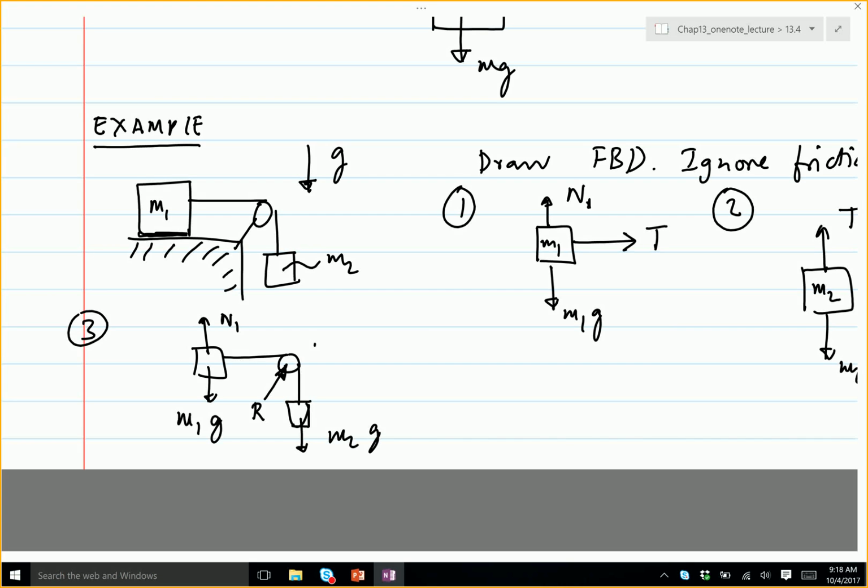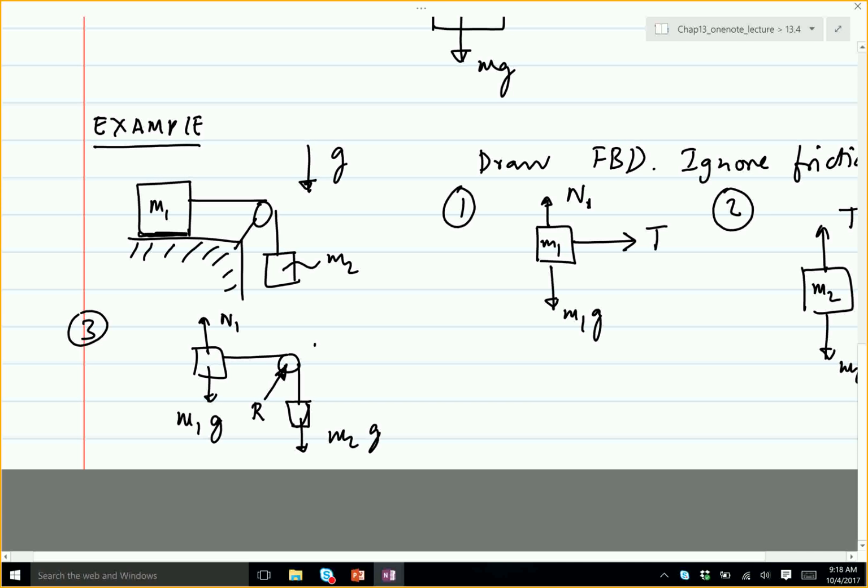If, however, I told you to find the reaction force, you can actually draw this free body diagram and figure out the reaction force. So it really depends on what you're after. Normally you never try to find R. Normally you try to find tension and acceleration. I'm just trying to show you the various possibilities, various free body diagrams you can draw.